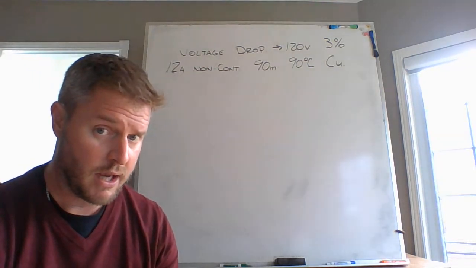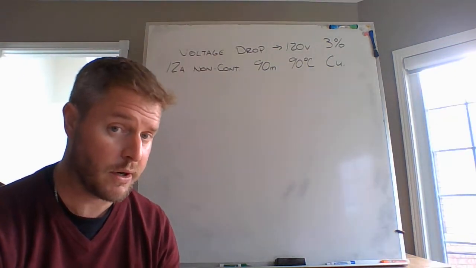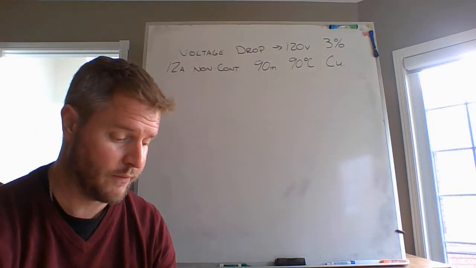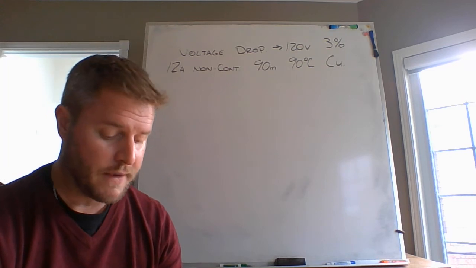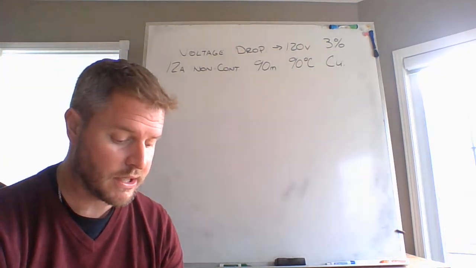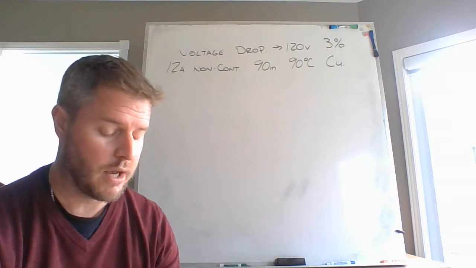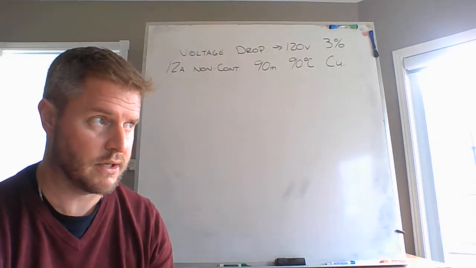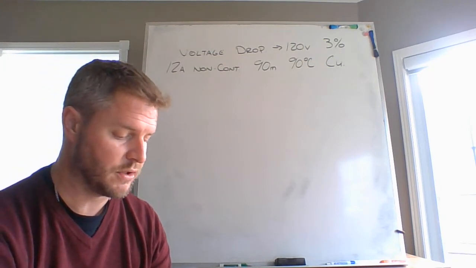Given in this equation, we're looking at a voltage drop calculation for a 120 volt, 2-wire circuit. At this point in time, we're not going to exceed any more than 3% voltage drop. That's the given information for you in this one specific question.